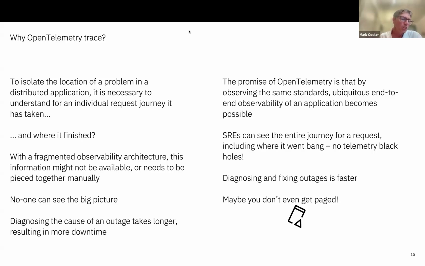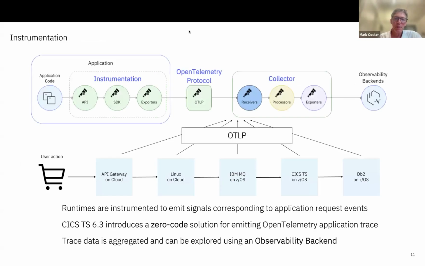So you can get early insights as to when there are problems and potentially fix things before anybody's noticed. That's the kind of panacea that people are aiming towards. So this is just bringing it all together on one picture, really.